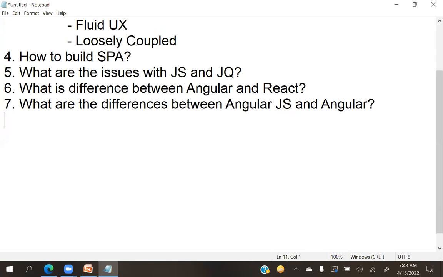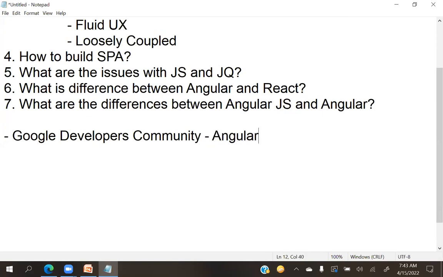Actually, you should know that before Angular we had AngularJS. The Google developers community built a framework called AngularJS. It was in early 2010, they built a framework called AngularJS.